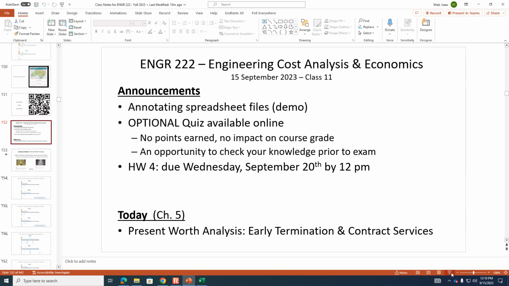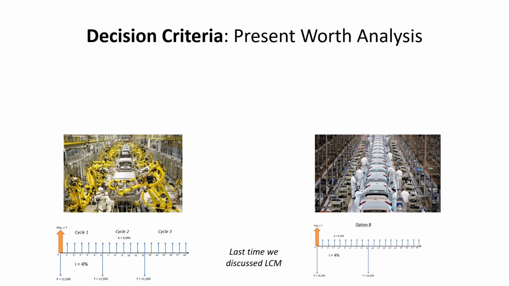All right. So remember that last time what we talked about was the least common multiple method of making cash flow diagrams the same length. Because oftentimes when we're comparing alternatives, they'll have a different useful life or a different time horizon that they apply to. And so what LCM, least common multiple, did was repeat them until they both terminated in the same number of years.